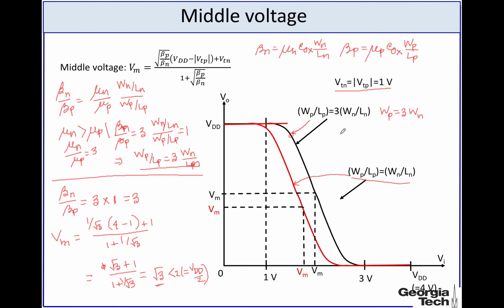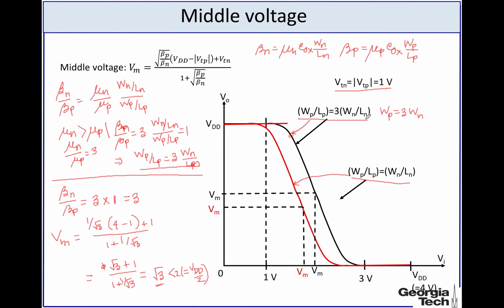Now, we have previously seen exactly the same relationship when we were talking about delay. What we said was that you want the rise delay and the fall delay, or the rise transit time and the fall transit time, to be equal.